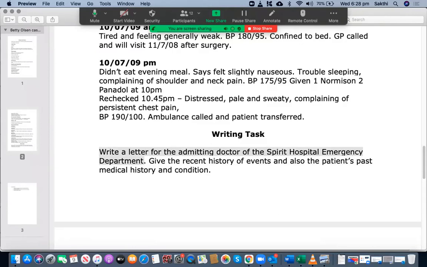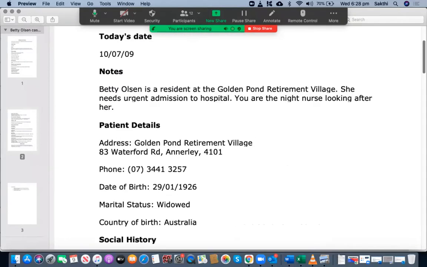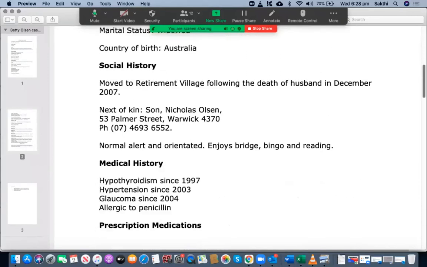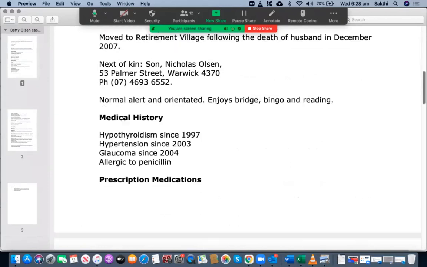You have to include maybe a few social details. So this could have been done. Normally enjoys bingo and reading. You don't need to include these ones. You need to include this one, the first one. Medical history.